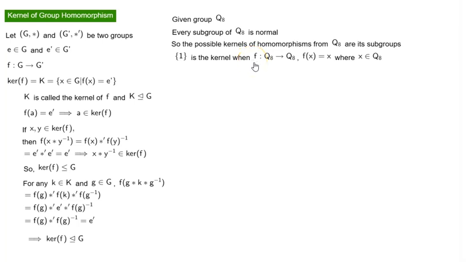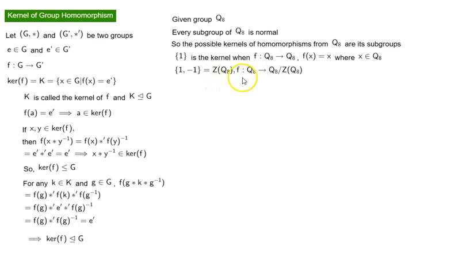So that means which element maps to the identity? The identity itself. That is 1. So since 1 maps to 1 and no other element maps to 1, we say the kernel is the set containing 1.